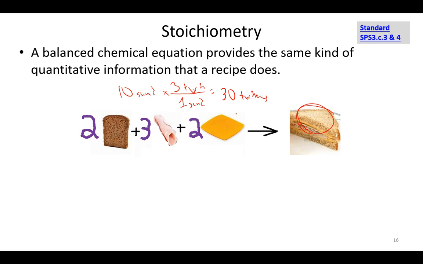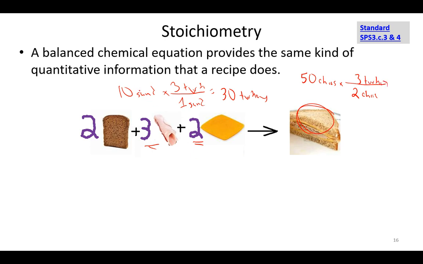Conversely, I could start with the cheese and go to pieces of turkey, and it would still work the same way. Let's say I had 50 pieces of cheese, and I want to know how many pieces of turkey I need to buy to use up all of the cheese. With 50 pieces of cheese, I know that each sandwich for Miss Raines, because she really, really loves cheese, has 2 pieces of cheese for every 3 pieces of turkey.